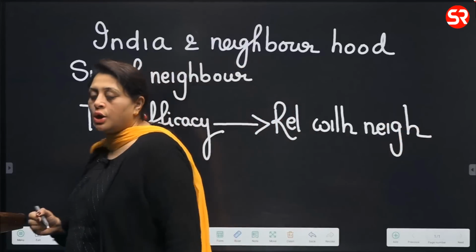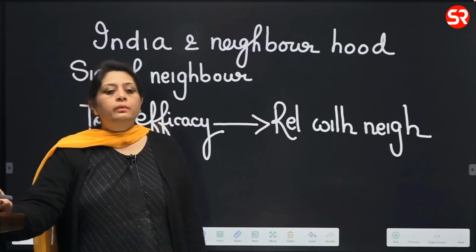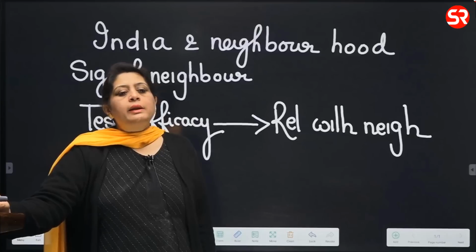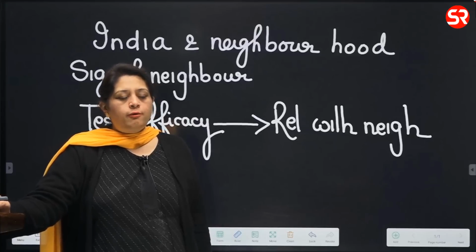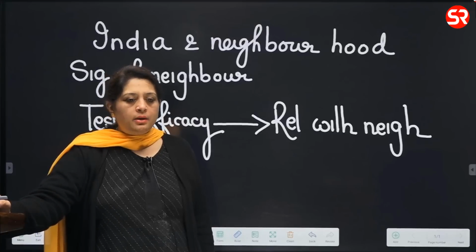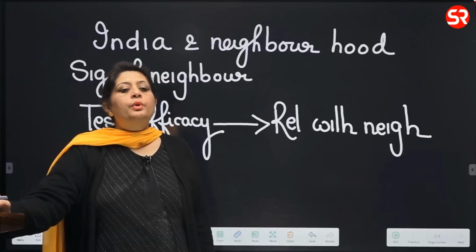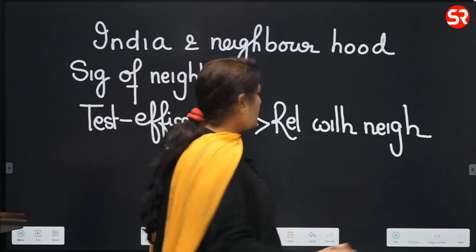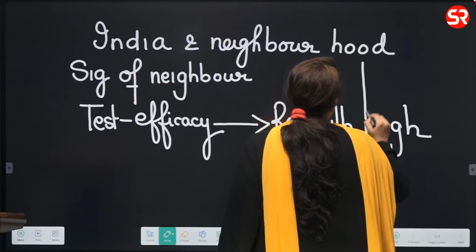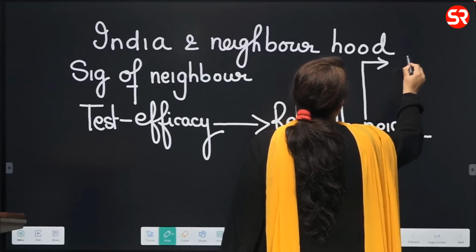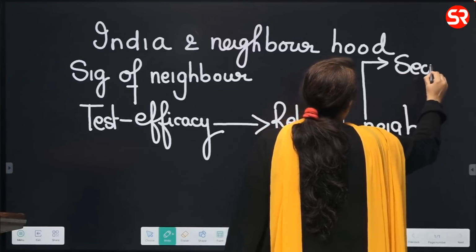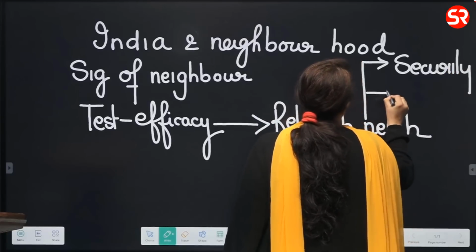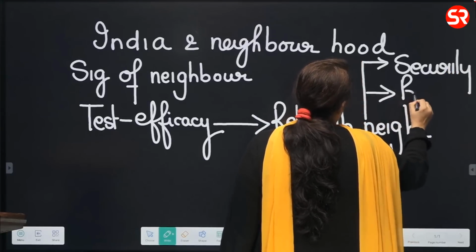Why? Because without a peaceful periphery, it will not be possible for any state to protect its national interest, be it in terms of security or in terms of prosperity.